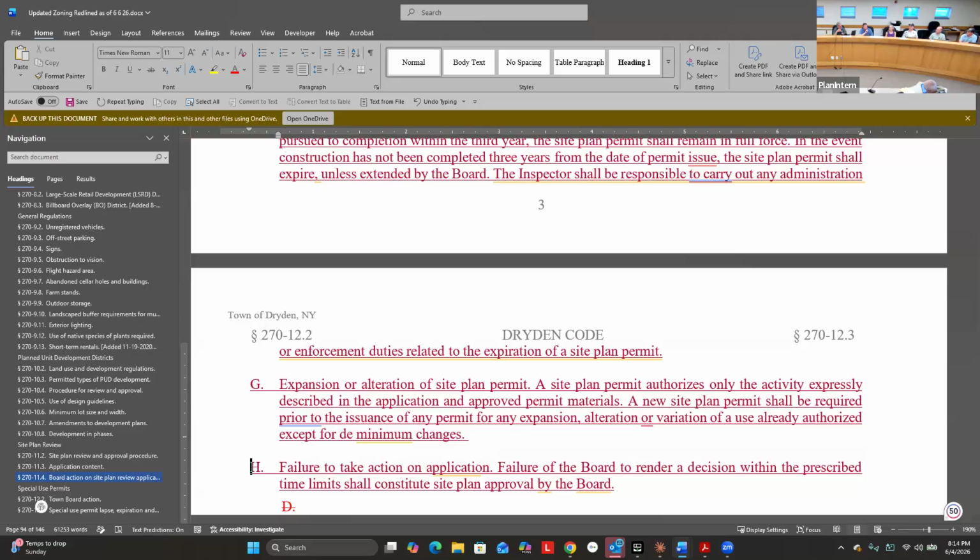I guess the question becomes where it would go in here. It's not part of the site plan review. It's overall. But I would like to see something in here that defines how enforcement works. It says code enforcement officers may pull permits or deny permits if they don't comply.